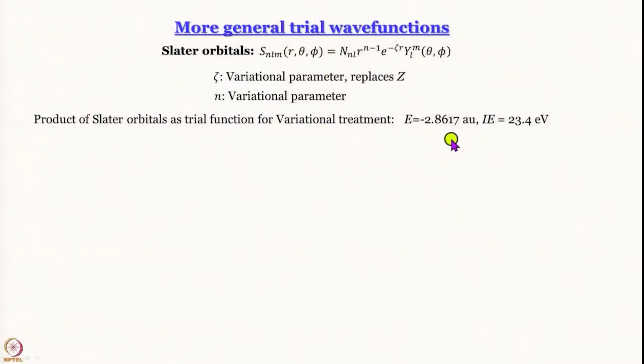So, you use a product of Slater orbitals instead of wave functions, and you vary n as well as zeta. When you do that, you get energy of minus 2.8617 atomic unit, ionization energy of 23.4 electron volt, which is a little amount of improvement from 23.1 electron volt or something that we got earlier.